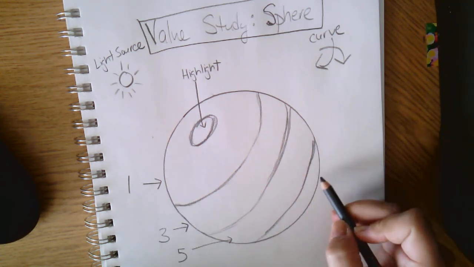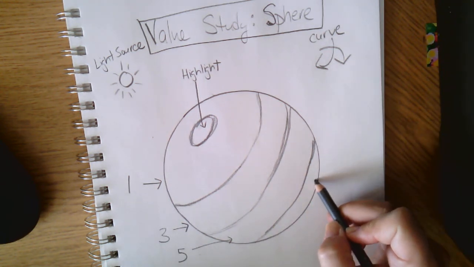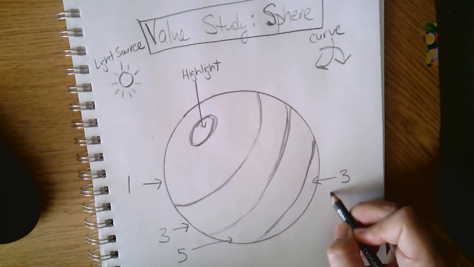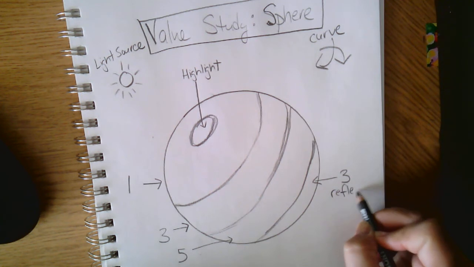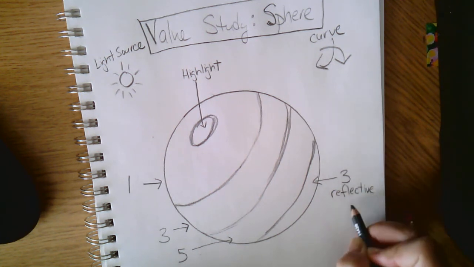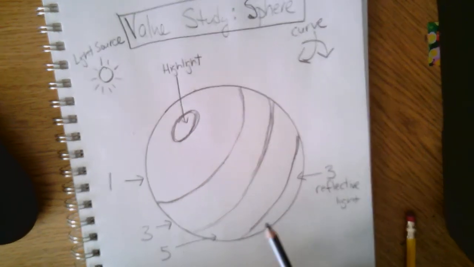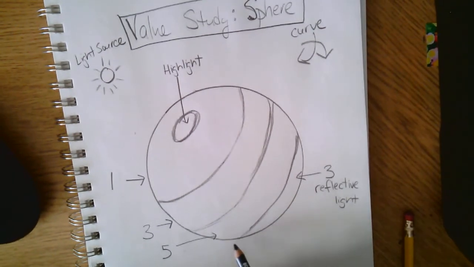And then we're going to have a reflective light value here. So this is going to be 3. And that's reflective light. And then underneath it, we're going to have some drop shadow. And this needs to be an oval.